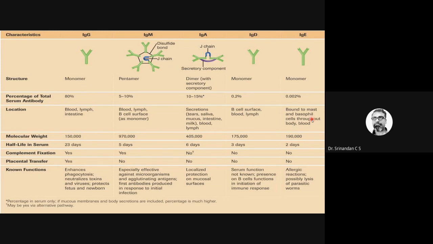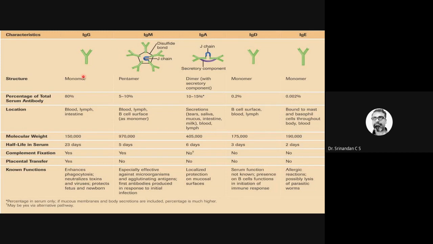These are very important in allergies. So during an allergy, IgE is present. If the IgE antibody is higher in your body than 0.02%, that means there is some allergic response.